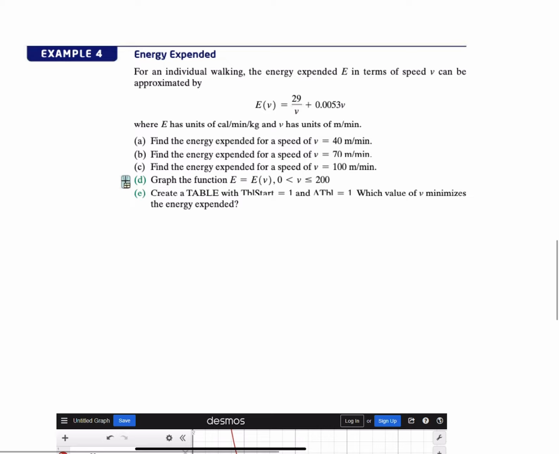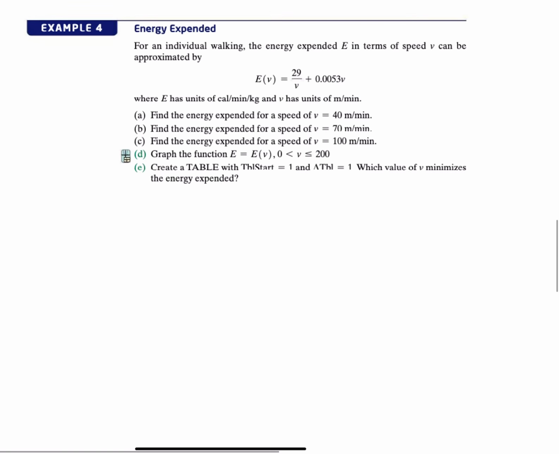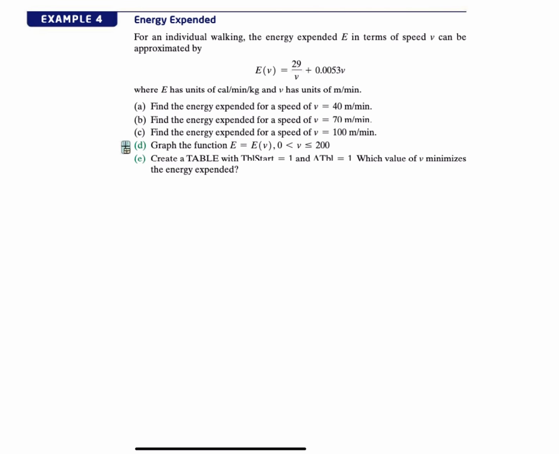All right, let's look at our last example. This one has an application. So it says for an individual walking, the energy expended, E, in terms of speed, v, so velocity, can be approximated by this equation. It's an approximation, so it's not exact, but it's close enough.